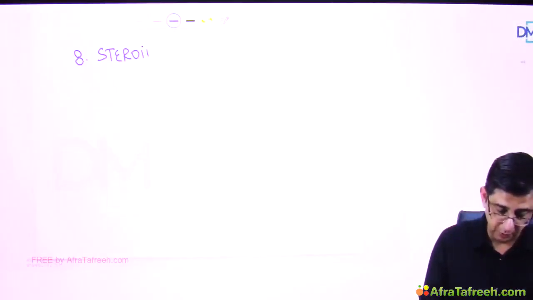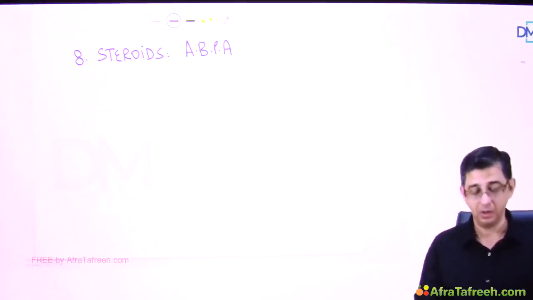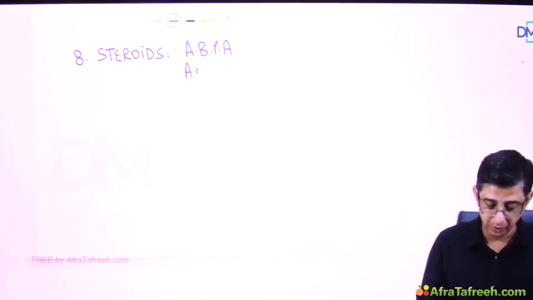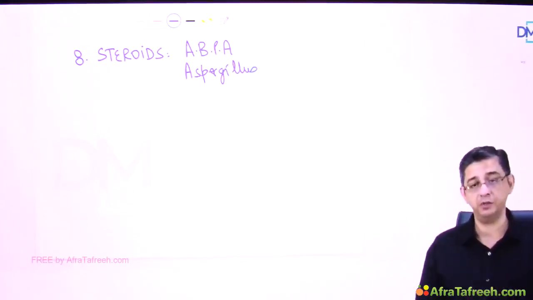The eighth point to keep in mind for these patients is use of steroids. Looks very surprising but true, because a lot of these patients can have upper airway colonization by aspergillus. They can develop thick tenacious sputum due to colonization and hypersensitivity reaction to aspergillus, which is present in the normal environment.